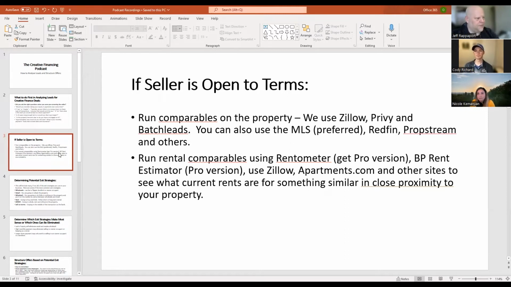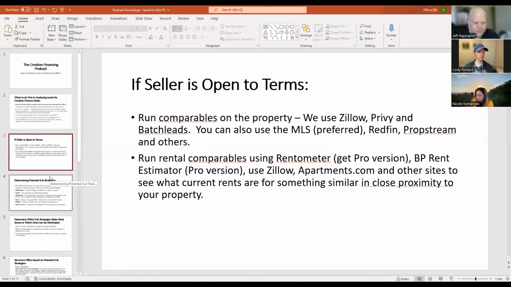All right. So first thing that I like to do is I run comparables on the properties. Let's find out what the ARV is. There's no better way to run the comparables than the MLS. But if you work in multiple markets, you work nationwide, or you're pretty new and you don't have access to the MLS, what we do is we use Zillow, Privy, and Batch Leads.